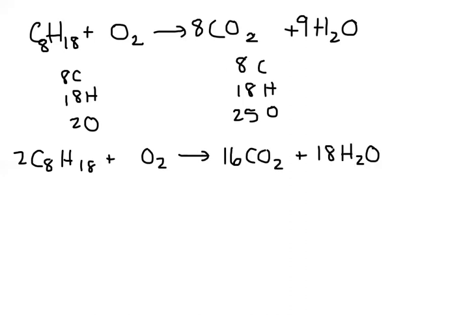So now we have 16 carbons, 36 hydrogens, and 50 oxygens, because 16 times 2 is 32, plus 18 is 50.